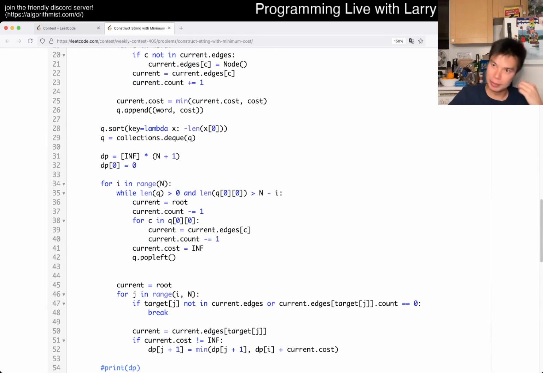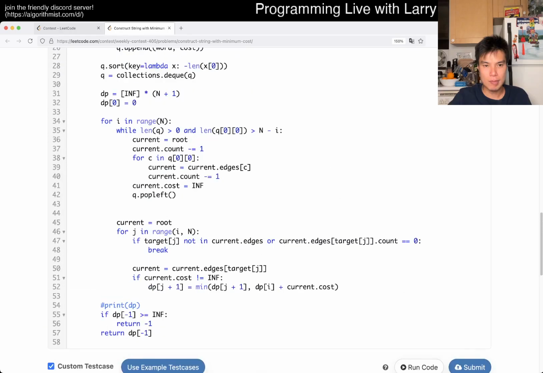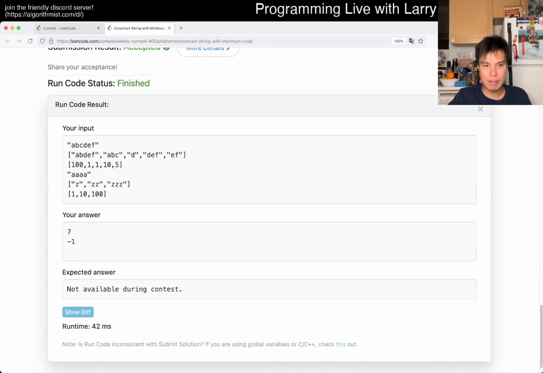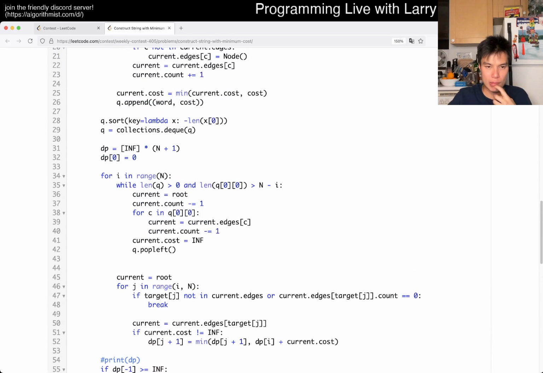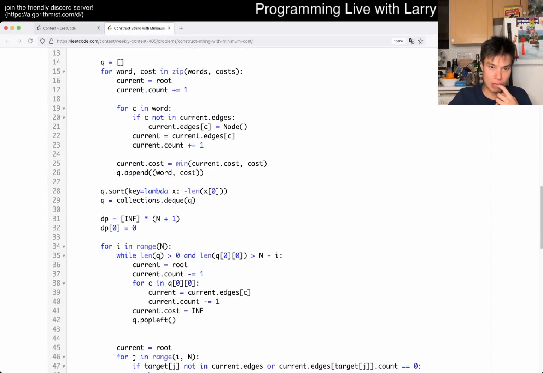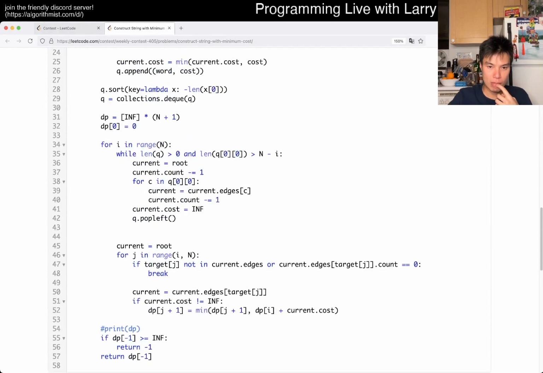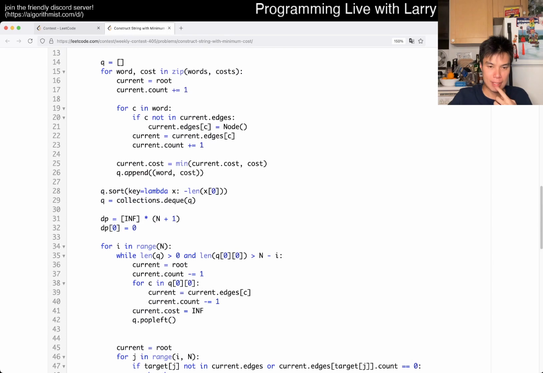Can I do a little bit better? I don't know why this is so slow though.